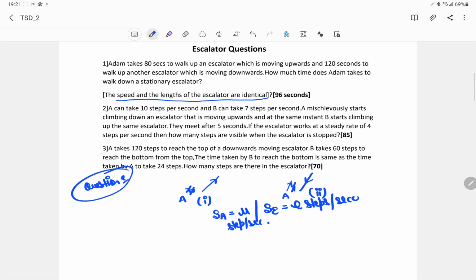In the first case, when he is moving in the direction of the escalator, he'll reach the top in fewer steps, whereas in the second case, he'll obviously take more steps as the escalator is working against him. But they would be covering the similar distance.